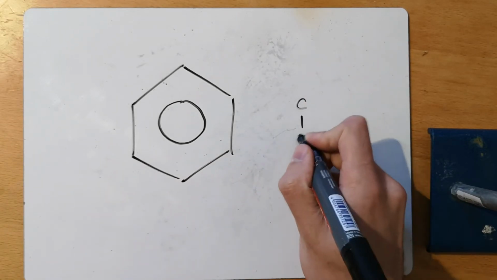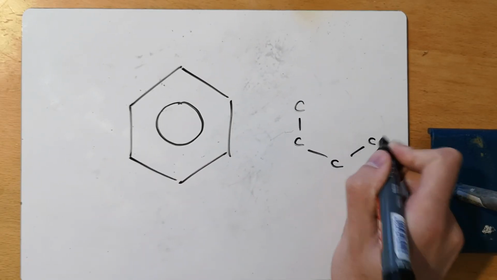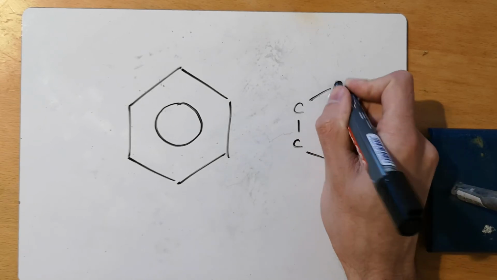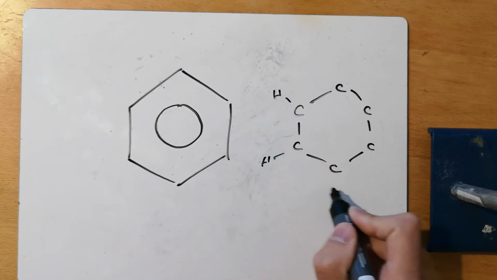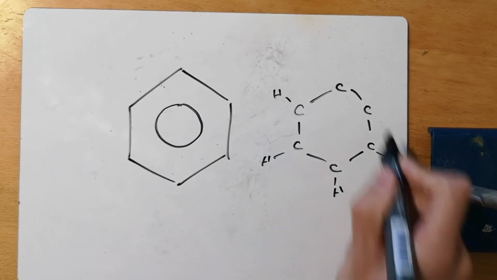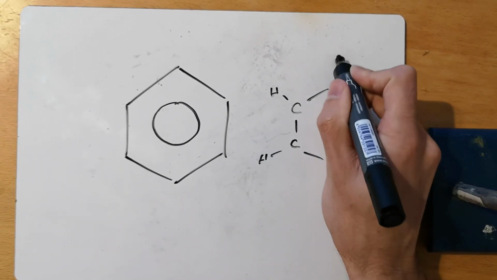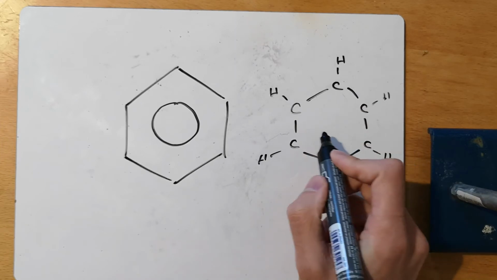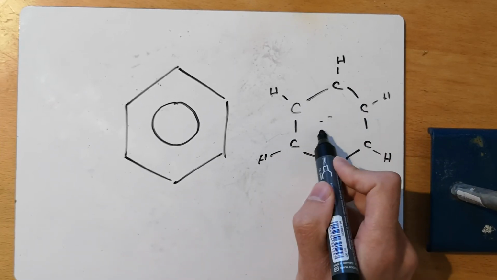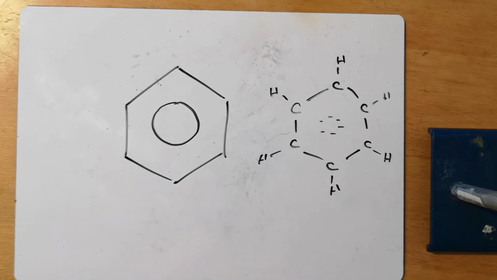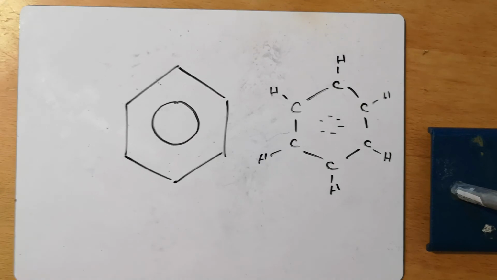If we were to draw it out and show the 6 carbons, each with 1 hydrogen, each is bonded 3 times, and then each one's given their final electron, which all sits in the middle in a delocalized ring. And that is how we accept benzene now.